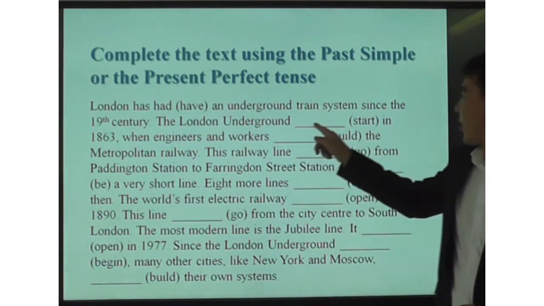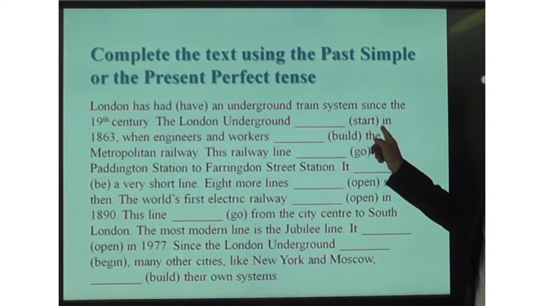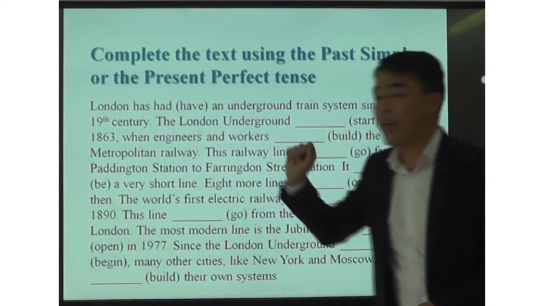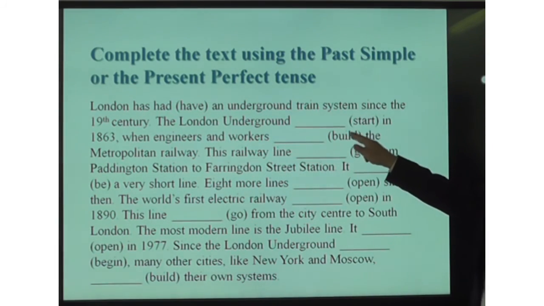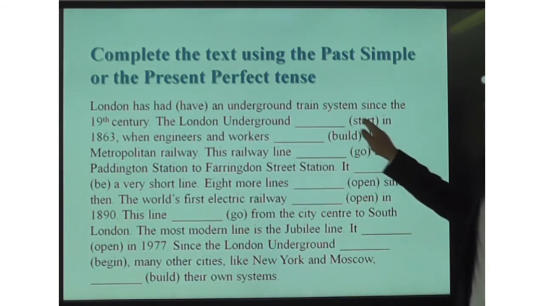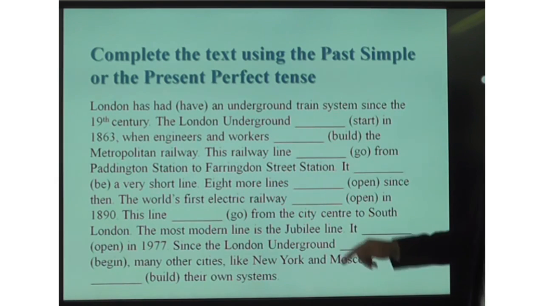The London Underground, here in the past simple. Why? Because in 1863, you should put the form of the past simple. The London Underground started: start, verb plus the ed suffix.